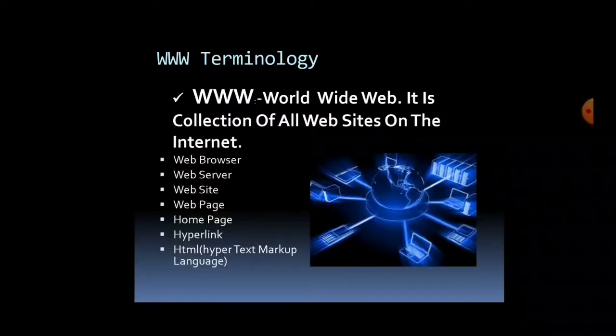It is also known as a web client. Microsoft Internet Explorer, Netscape, Mozilla Firefox, and Chrome are some of the popular web browsers. The browser is also used for search engines.